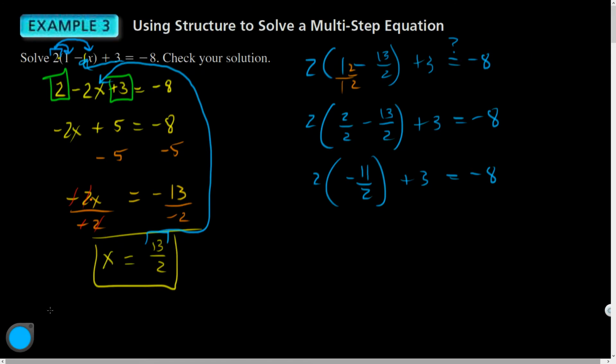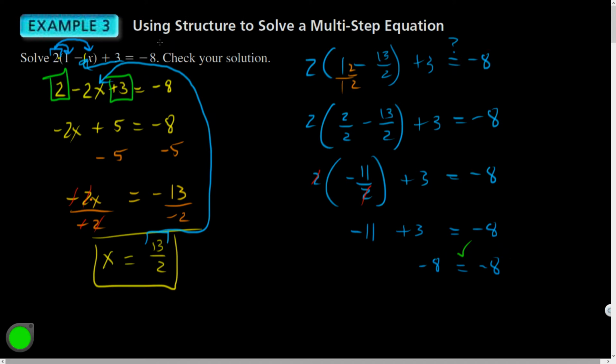So let's see. Notice this, when I multiply those, how cool is that? These 2's cancel out. -11 plus 3, is that equal to -8? It is. It works. So guys, notice this problem, that would have taken me a super long time to guess and check my way to a solution.